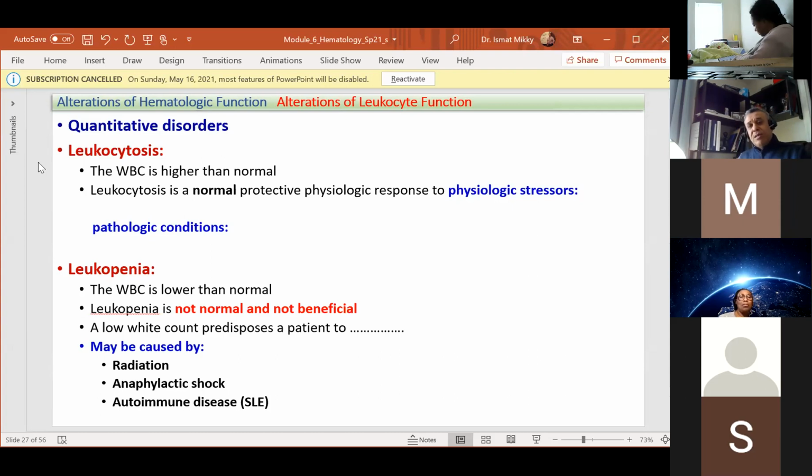Your body is going to produce a large number of white blood cells in response to the presence of microorganisms. During an infection, that's one of the lab values you anticipate seeing: white blood cells elevate. There are also other factors like strenuous exercise, emotional change, temperature changes, anesthetic agents, surgery, pregnancy, drugs, hormones, and toxins. All of these are anticipated to increase the white blood cells. Pathologic conditions like malignant tumors too.